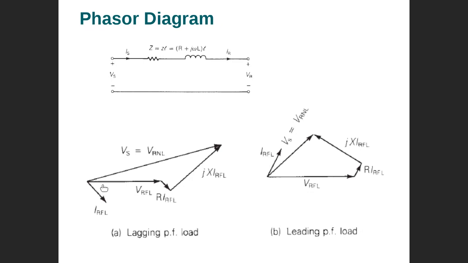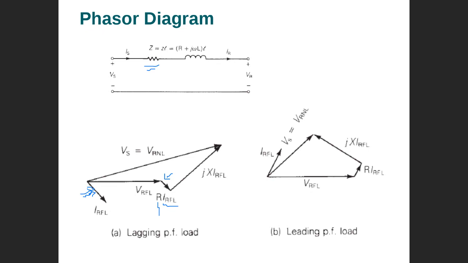How do we construct the phasor diagram? We start with this current, which is parallel to this current. This is IR, the full load current times R, which is the real part of the impedance. It should be parallel with this current.